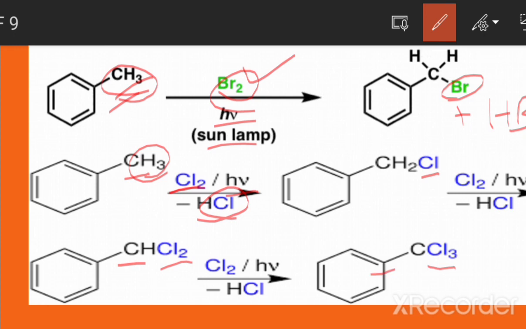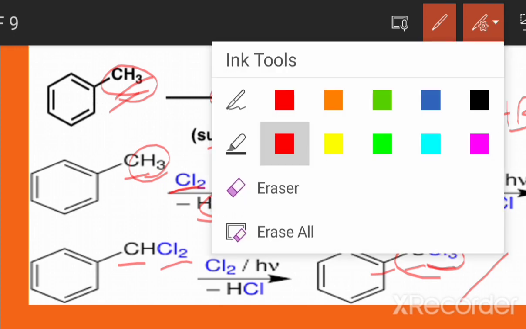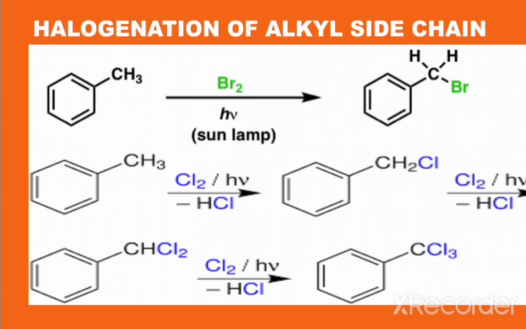So it is the final product, and the reaction does not proceed further, this reaction ends here, because this carbon does not have any other position left, and we gain the final product.